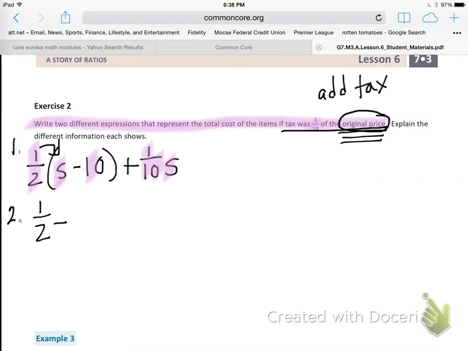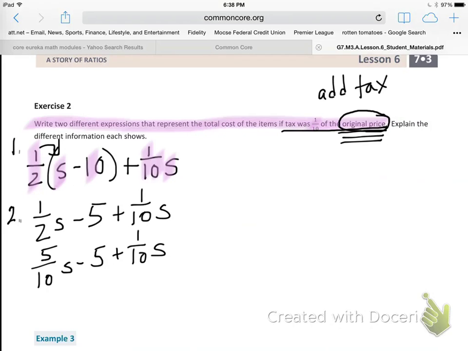We know that is 1/2 S minus 5 plus 1/10 S. Then we can find the lowest common denominator, and that would be 10. So we would have 5/10 S minus 5 plus 1/10 S.